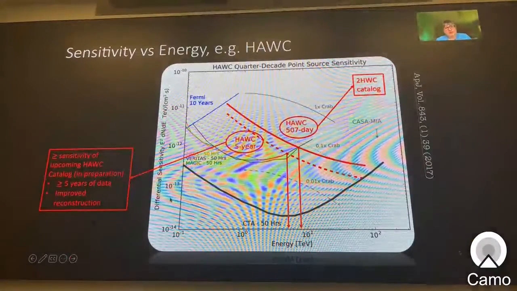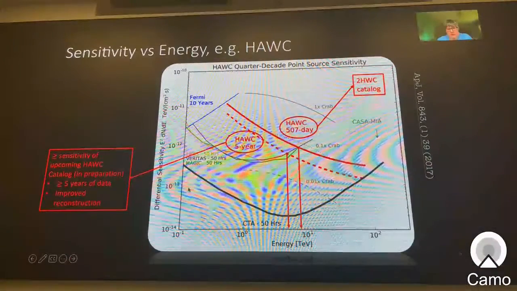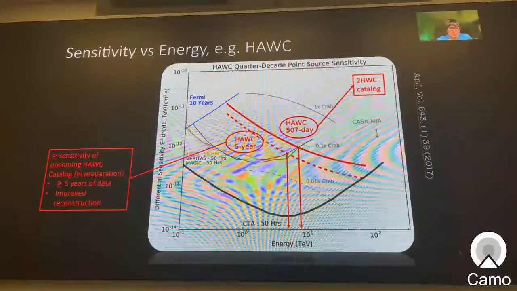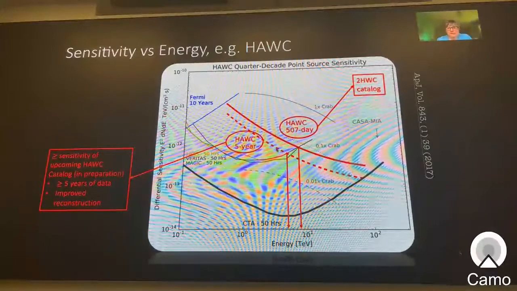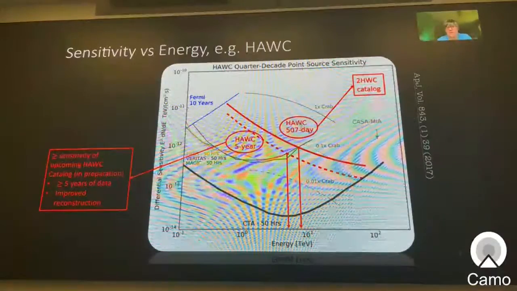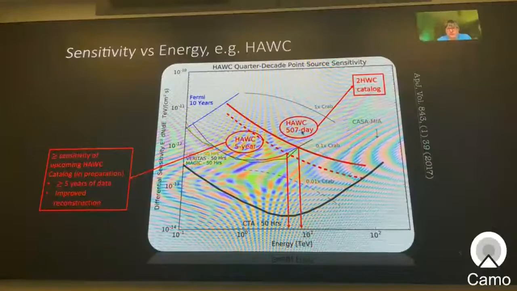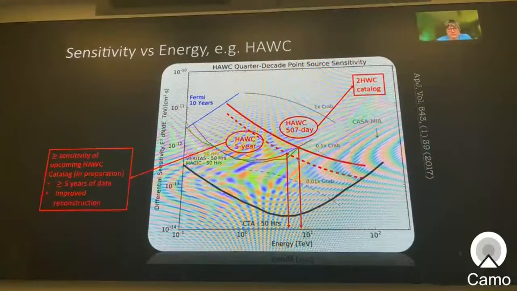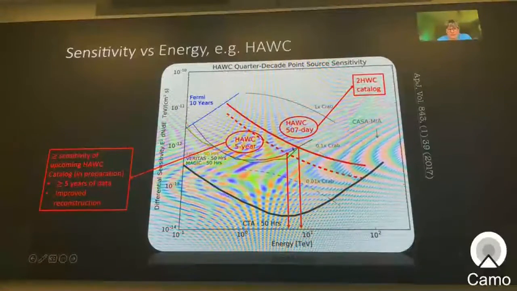The sensitivity versus energy, again, in this case shown for HAWC, because I'm showing my colleagues' results here as a HAWC member. This shows the measured sensitivity using the Pass 4 data of 2017, using 507 days of data. That is the sensitivity of the 2HWC catalog from 2017. And then there is a projection to 5 years of HAWC data.